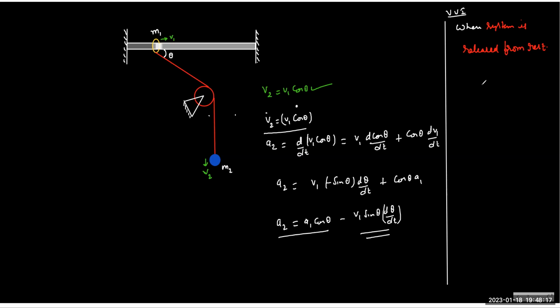Tell me. When you release the system from rest, then v1 and v2 all will be 0, right? So technically, there is no v1 and there is no v2, isn't it?